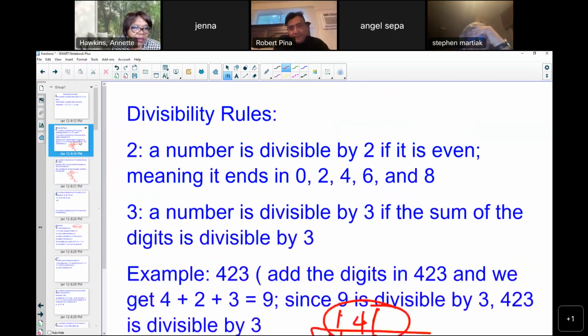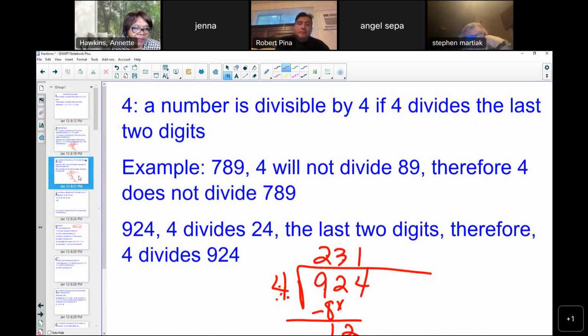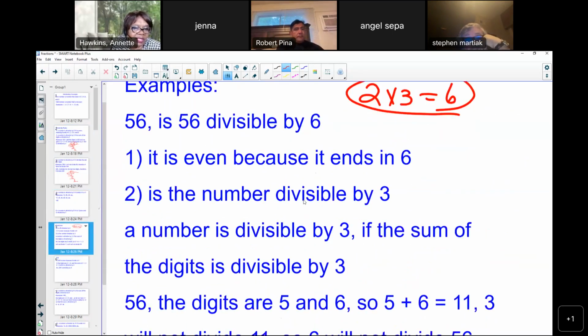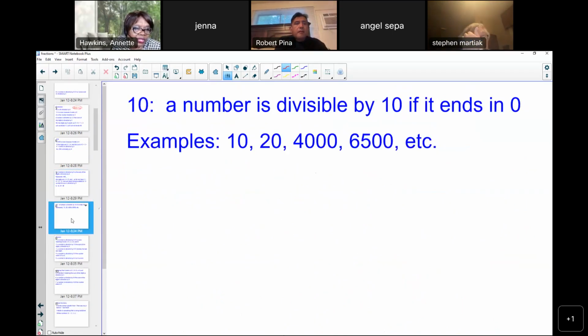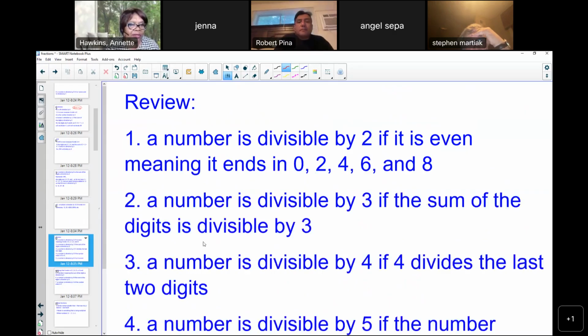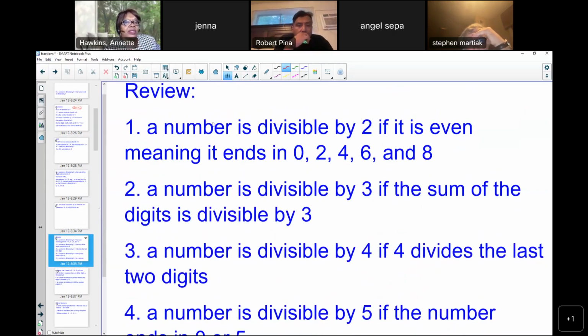We did 4. A number is divisible by 4 if 4 goes into the last 2 digits. A number is divisible by 6 if it's even and 3 divides it. And then we went to 9, and then we went to 10. Okay? So I think if you can do 2, 3, 5, and 10, you should be okay, because basically, we're going to be trying to reduce numbers. So let's take a review here.